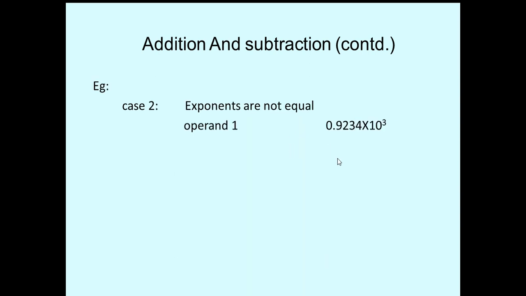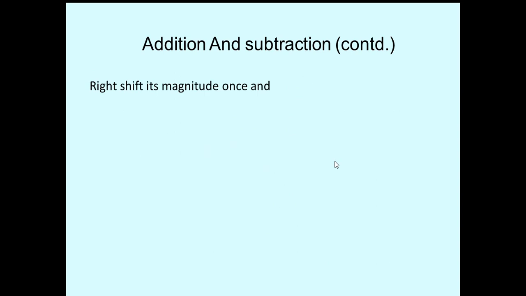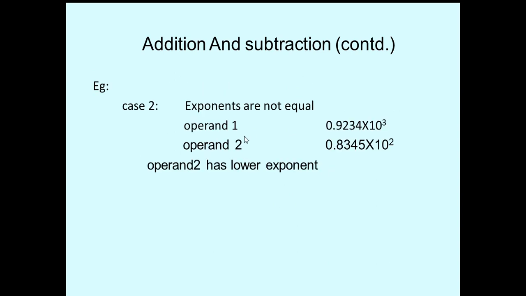Here the second case is where exponents are not equal. So operand 1 is 0.9234 into 10 power 3 and operand 2 is 0.8345 into 10 power 2. So operand 2 has the lower exponent, so we have to make it 10 power 3.